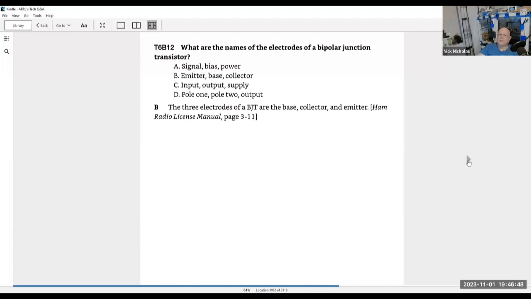What are the names of the electrodes of a bipolar junction transistor, the standard earliest design of transistor? They have an emitter, a base, and a collector. You remember the FET has a source, a drain, and, I'm drawing a mental blank, gate.